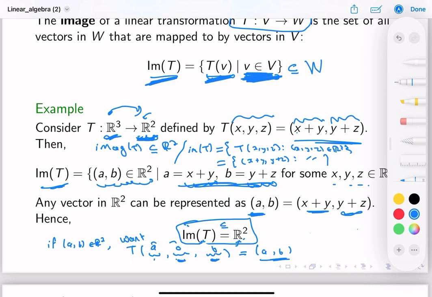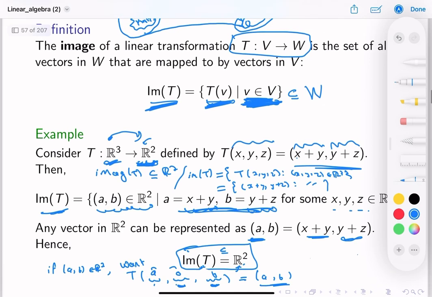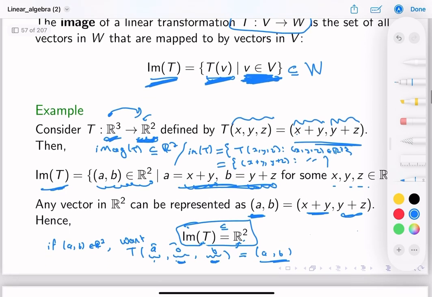Thus every element in R2 is hit by T, and the image is the whole of R2. So this is the concept of the image, and this is an example of it.